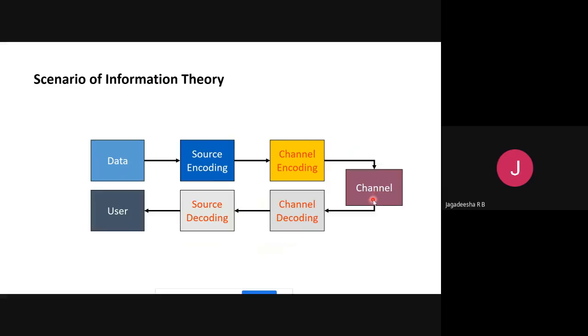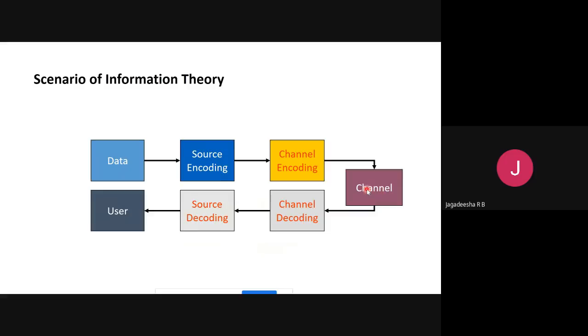So we are basically making this information much stronger by adding some additional bits. Even if that data is affected or degraded by the channel, still it should be readable, decodable. We do that at the channel encoding block and send it to the channel.